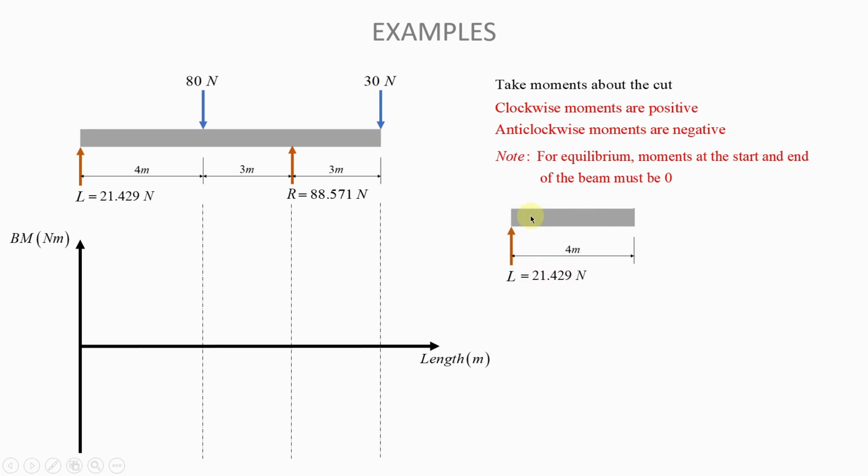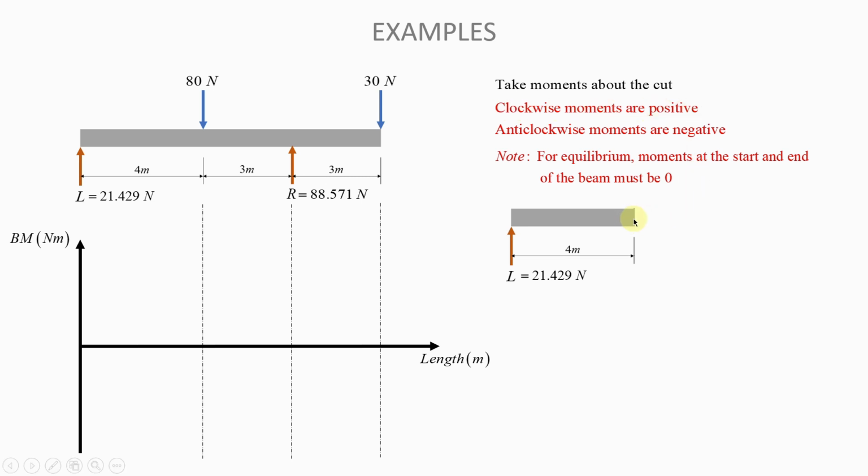If we want to take the moment about the cut that is made here, we will only have the moment due to this force, and it is a clockwise moment. Because it is a clockwise moment, remember the convention: clockwise moments are positive.